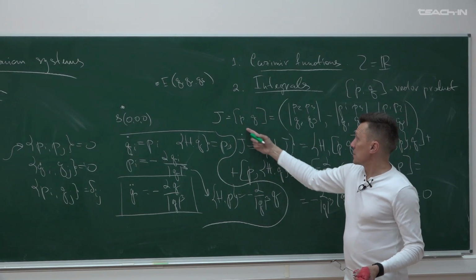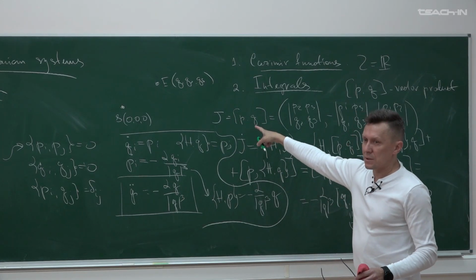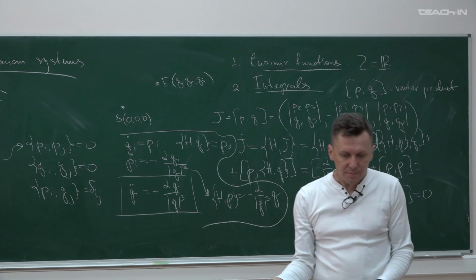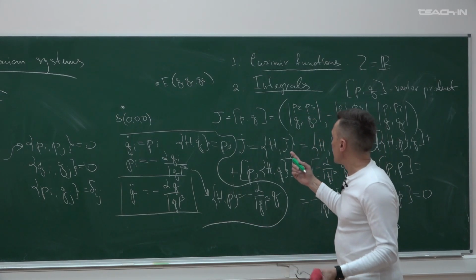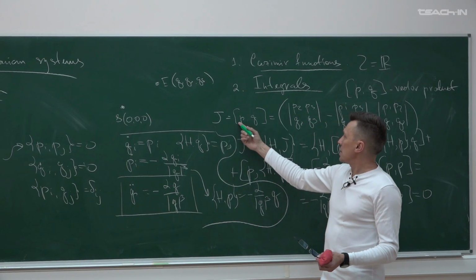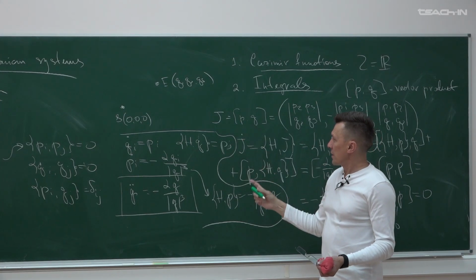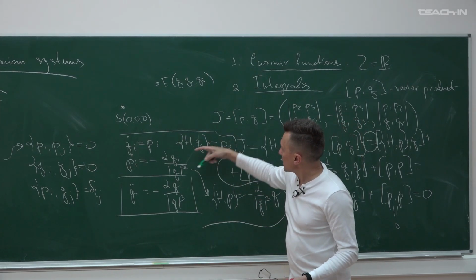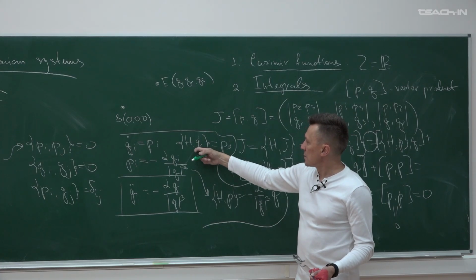But it's even simpler to consider it in vector terms. So we can apply the Poisson bracket to the function h and a vector. It will be again a vector, as here. You see, here in these formulas, q is a vector.